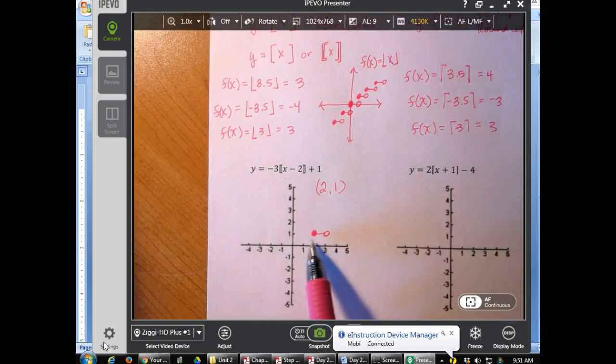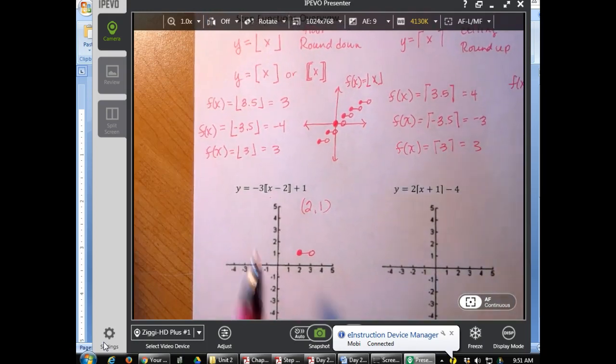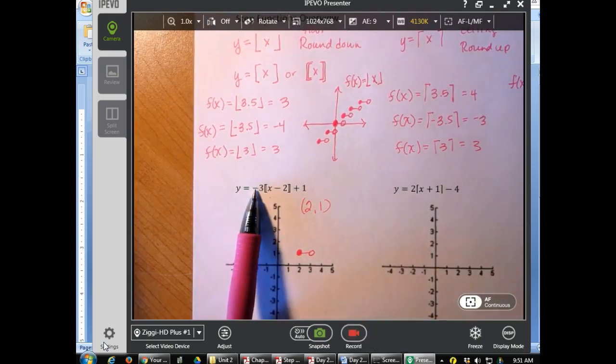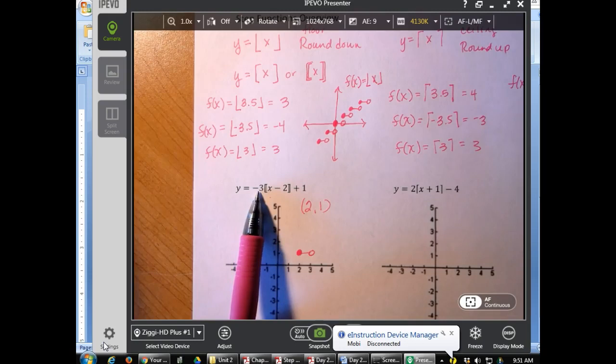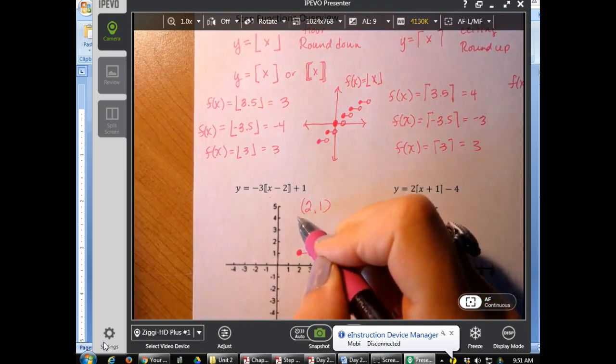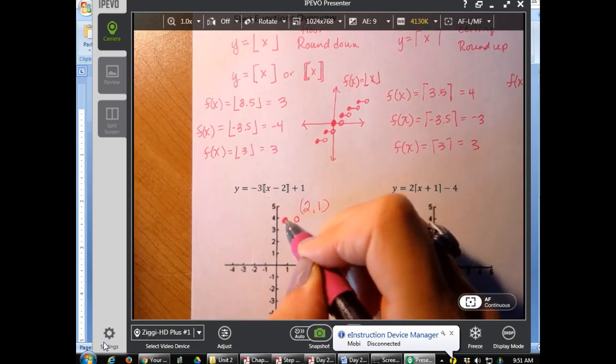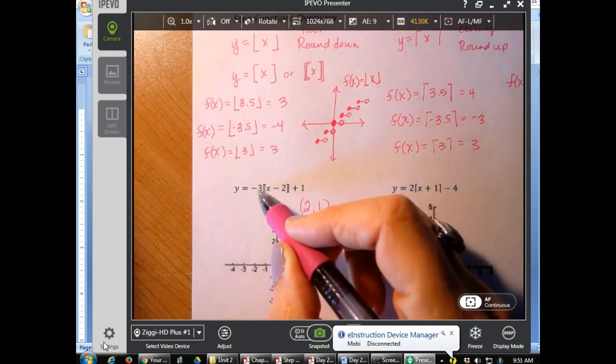And this will always be a length of 1 here, unless there is a horizontal stretch or compression, and that would be something put inside with the x. Now, the negative 3 is both going to reflect it because of the negative, and it's also going to stretch it, meaning I'm going to step by 3s. So I'm going to go up 1, 2, 3, and I'm going to put an open hole because I have to go back to the left for this to have a slope basically like negative 3.